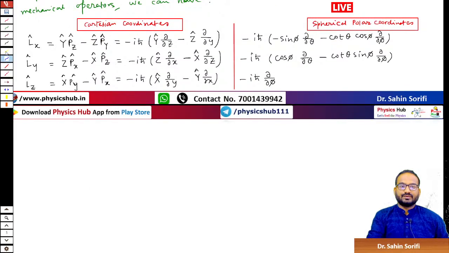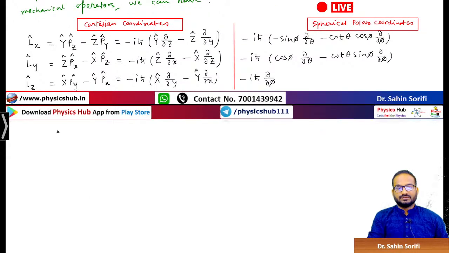Now you see, we have L equals Lx i cap plus Ly j cap plus Lz k cap. So what will be the value of L square? L square will be Lx square plus Ly square plus Lz square, right? Now if I talk about the quantum mechanical operator L square, it has a very special form.